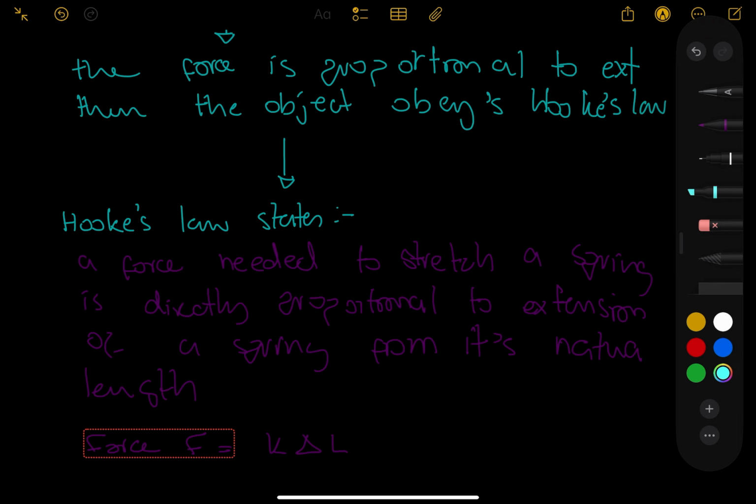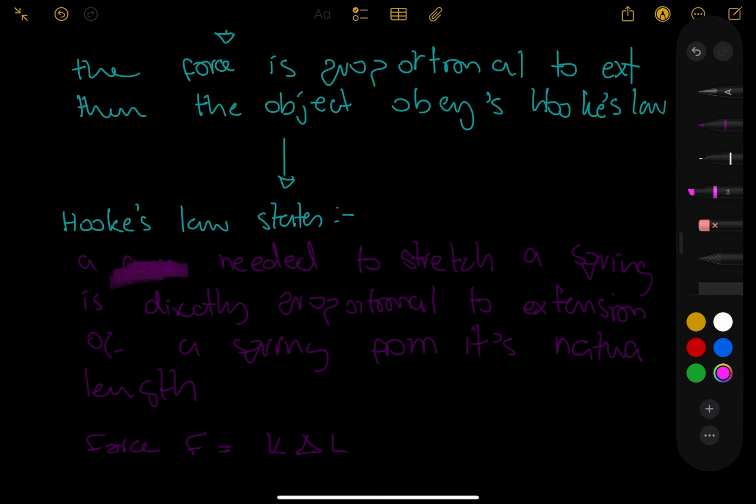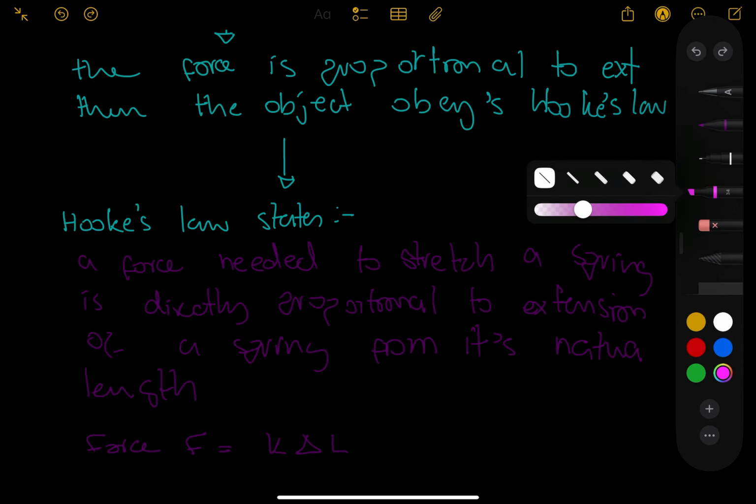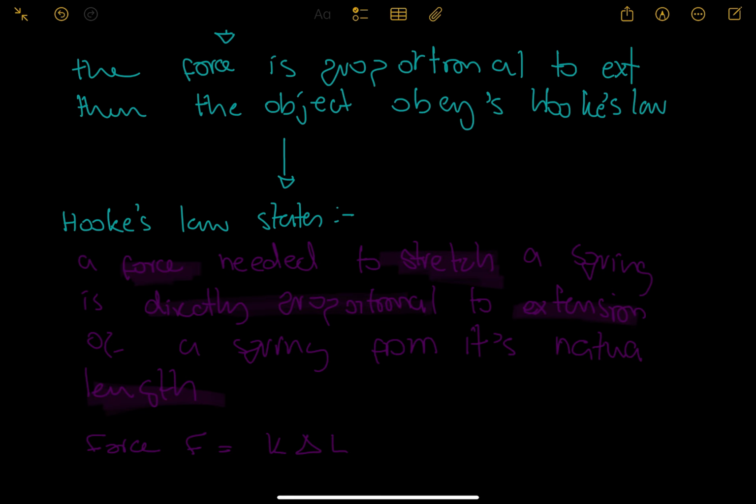But if we go back to the law itself, a force needed to stretch a spring is directly proportional to extension of a spring from its natural or initial length, whatever you want to call it.